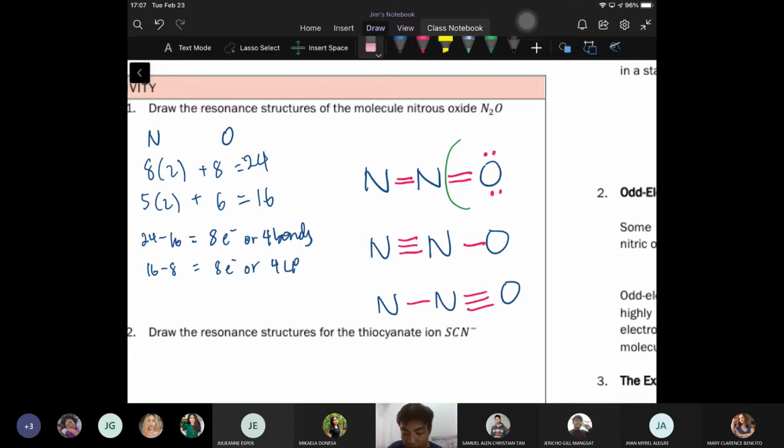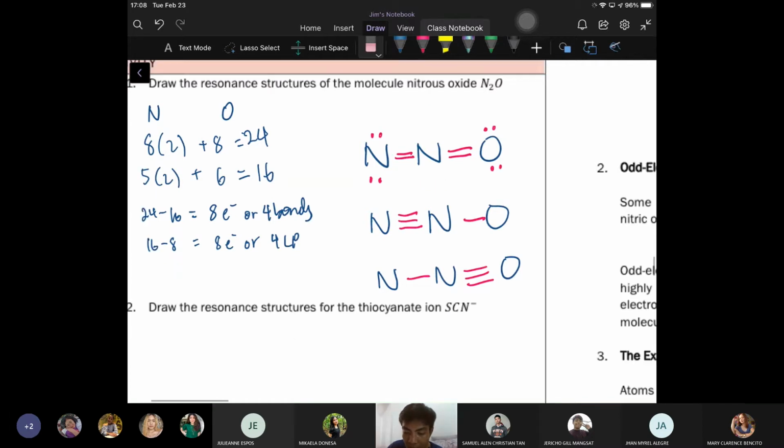We added 2 lone pairs para maging 8 na yung electrons around oxygen. For this terminal atom, ganun din. 4 electrons meron yan, so gagawin natin yung 8 by adding the 2 lone pairs. And the central atom follows the octet na. So we're good with the central atom.